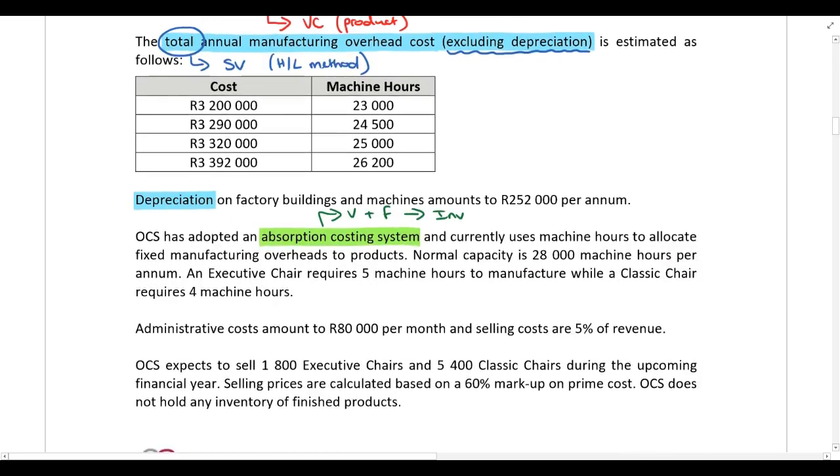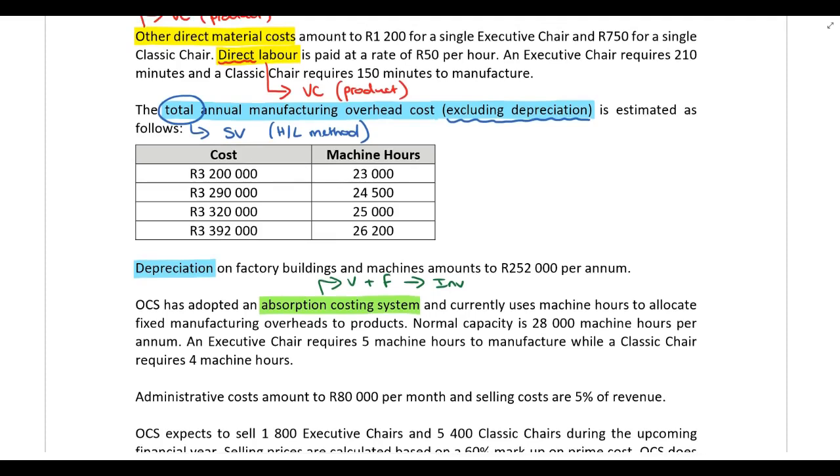So if we go up, we said that this total annual manufacturing overhead is a semi-variable cost, and we are going to split it into its fixed and variable portions using the high-low method. The variable manufacturing overhead is obviously a variable cost, that's self-explanatory, and it's a product cost which is going to be included in the value of inventory because it's manufacturing related.